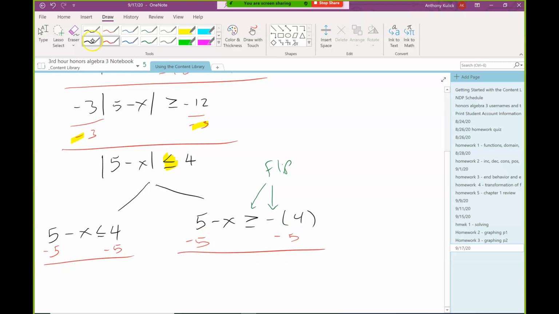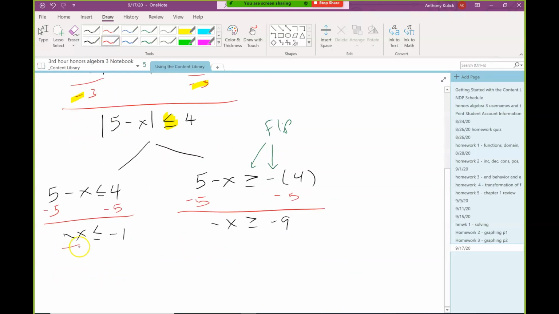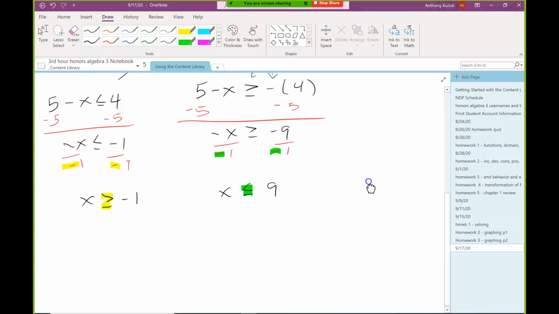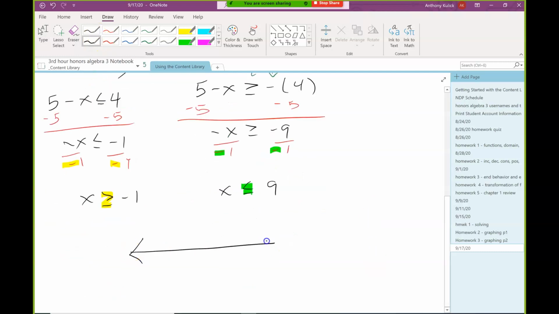Adding and subtracting things to both sides doesn't cause an inequality to flip. Then we would divide by -1, but here we're dividing by a negative again, so that inequality symbol is going to flip again. The last thing we would want to do is plot these on the number line to see what's going on.